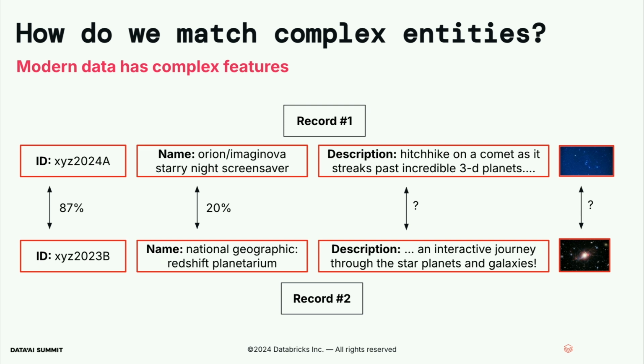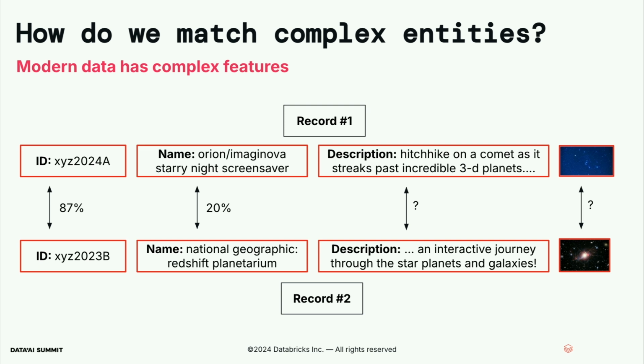So how do you figure out if these two records are representing the same thing? ID matching can be the same as before. You can do an edit distance and get some signal of whether this is the same thing or not. Name matching, if you have relatively shorter names, string matching might work, string distance might work. For descriptions, though, string edit distance techniques might not work as well because you're getting garbled messages out of that. It's not reliable to figure out whether these are the same thing or not.